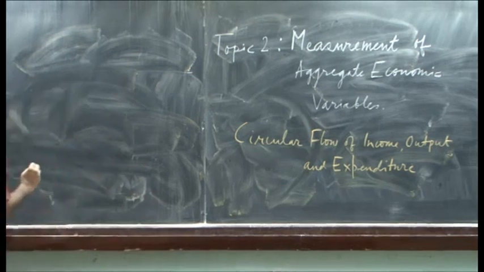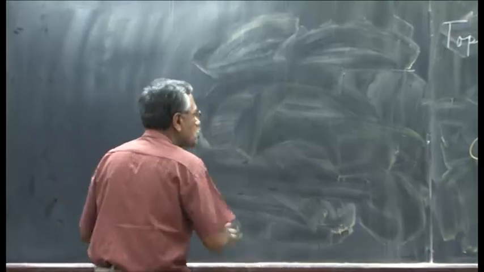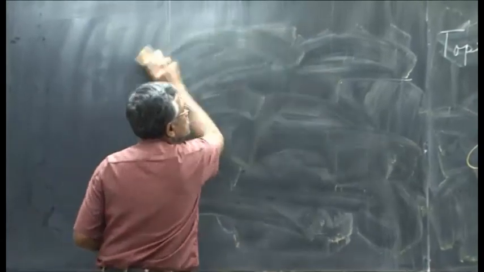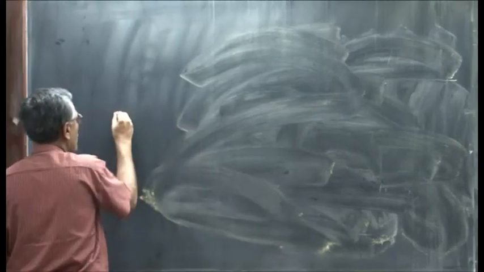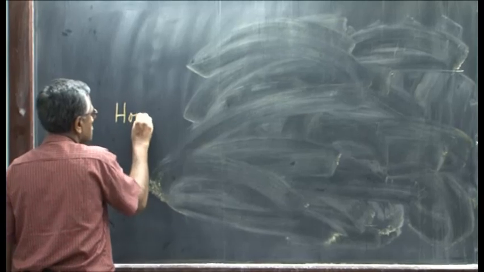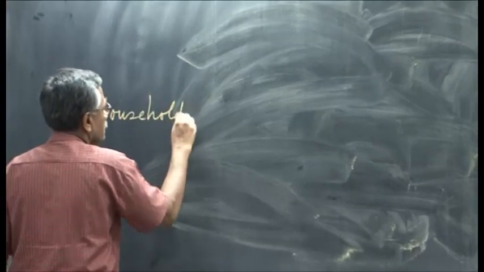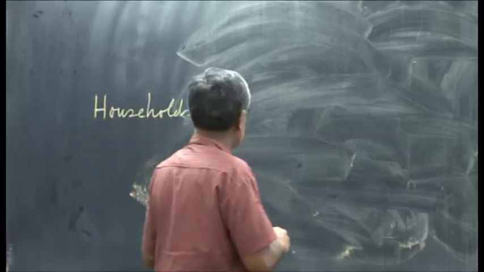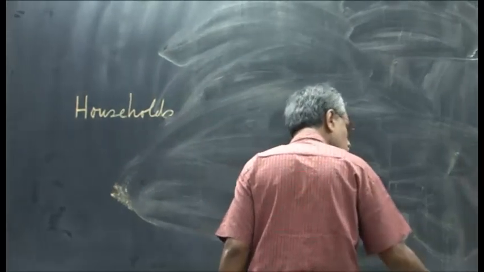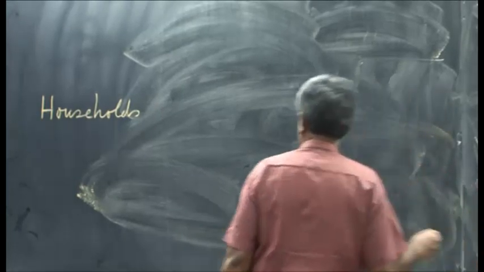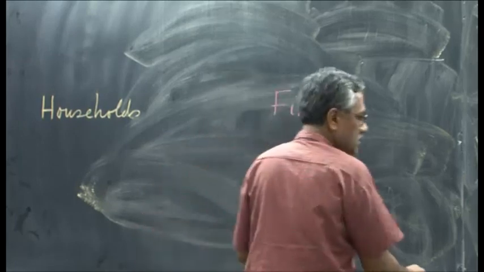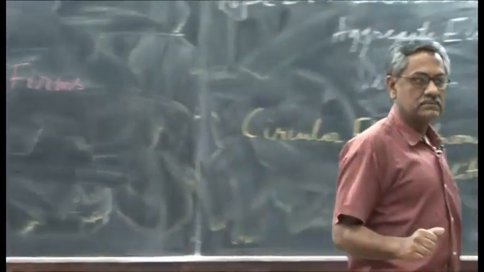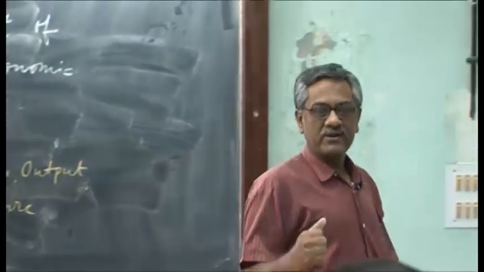Suppose there are two groups of economic agents in this simple model. One called households, the other one called firms. No government, nothing. How do they interact, the way macroeconomists see them?